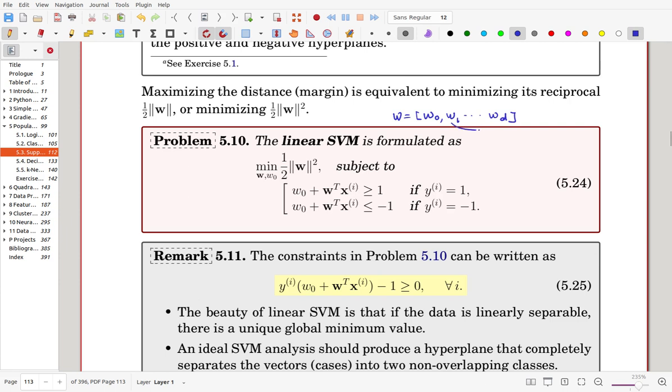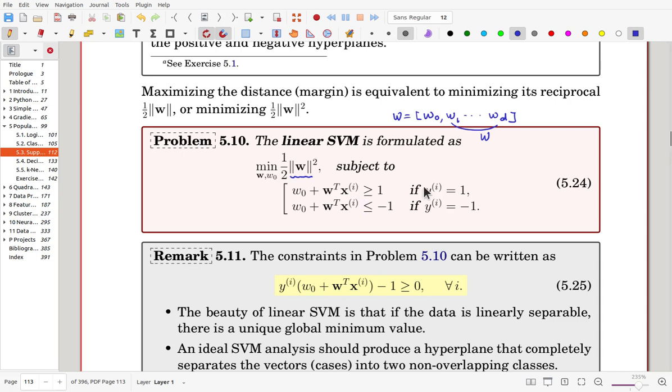Sometimes we use it as W, and sometimes we include W0, but from the expression you can understand what it is. Anyway, here we try to minimize the W norm squared subject to the constraints.